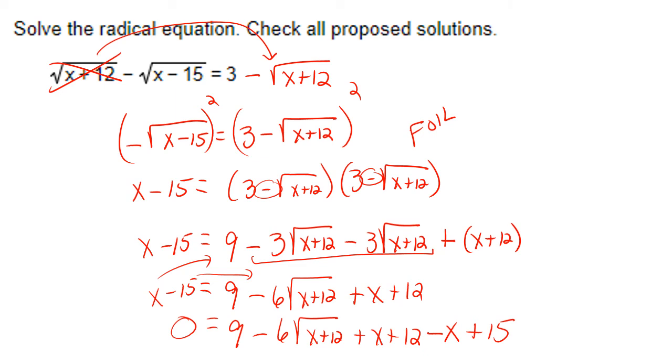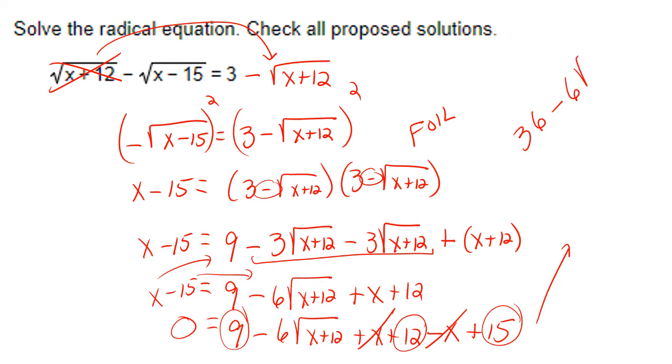Let's combine like terms. X minus x cancels out. 9 plus 12 is 21. 21 plus 15 is going to give me 36. I now have 36 minus 6 radical x plus 12. And remember, that's equal to 0.